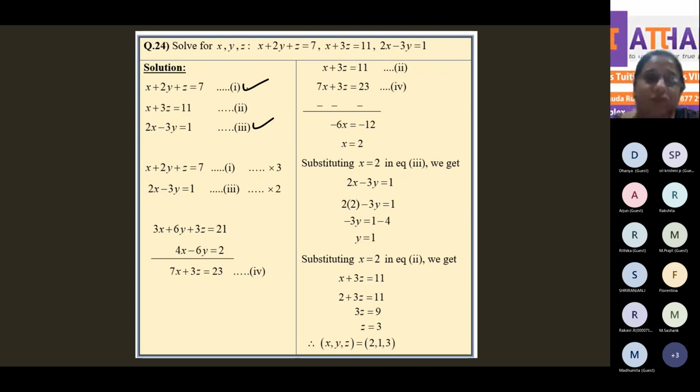Now, in equation 2, there are two variables x and z. So the idea is to take equation 1 and 3, and if you eliminate y there, you will get a new equation in x and z.